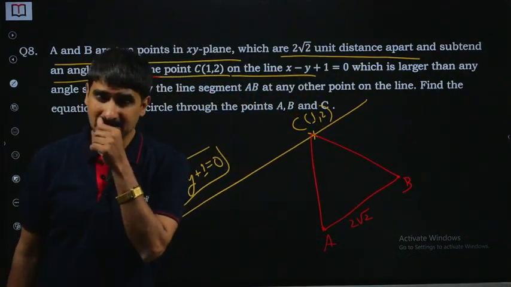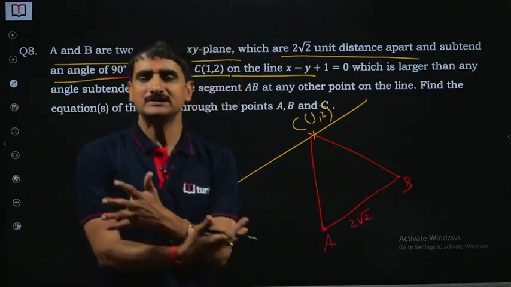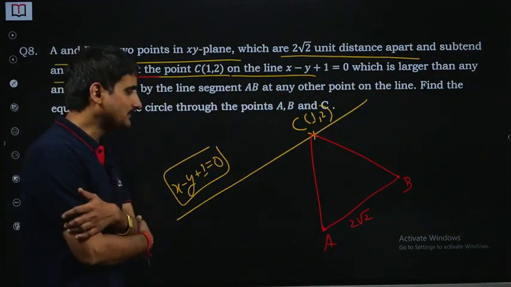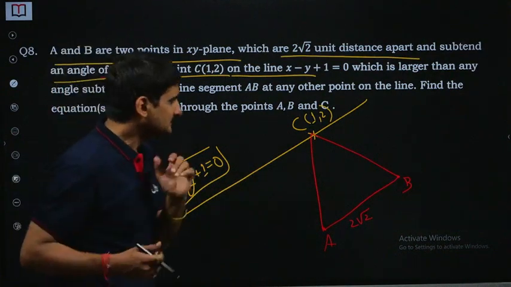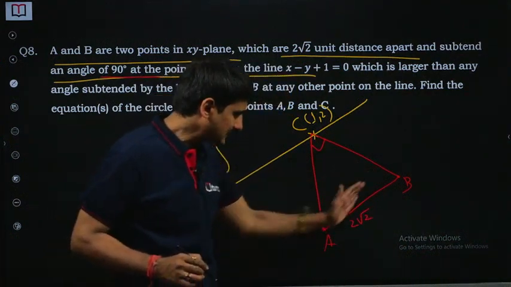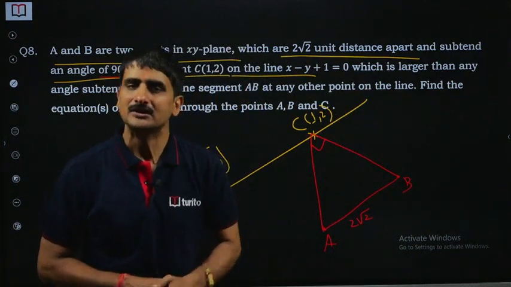Then find the equation of the circle through the points A, B and C. So this angle is 90 degrees, and this segment can't subtend any angle more than 90 degrees on this line.